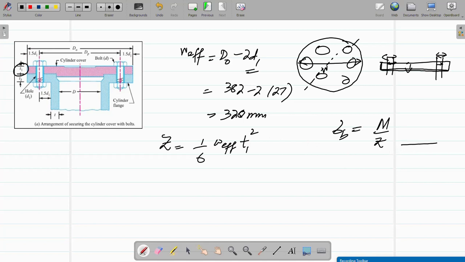By the way, for any rectangular cross section, the Z value is 1.6 b d square, where b is this width and d is this depth.